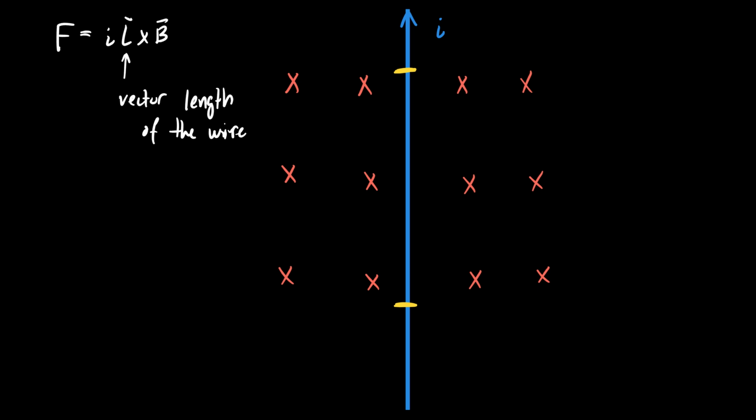Well, it's pretty good. Got a few people pointing in the wrong direction, though. First vector is the length, so I point my pointer finger in the direction of the length. Then my middle finger is rotated to point in the direction of the magnetic field, so this way.